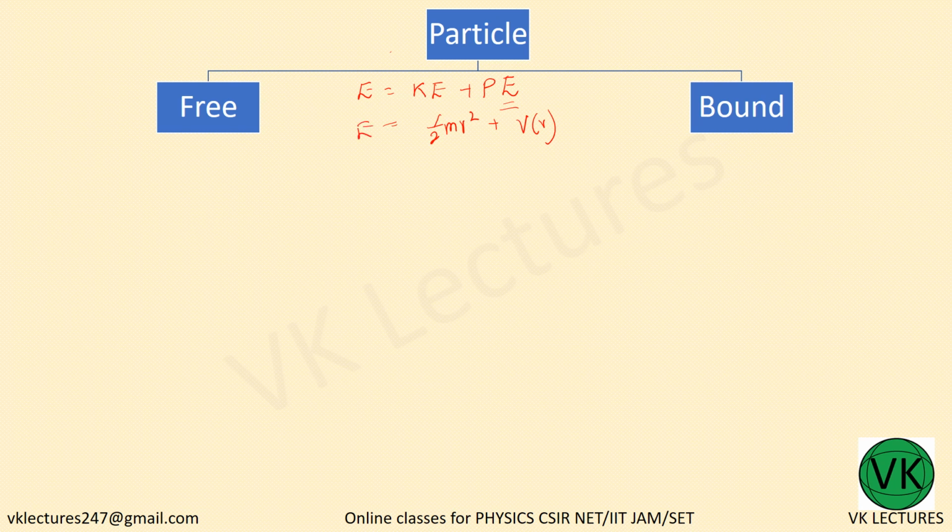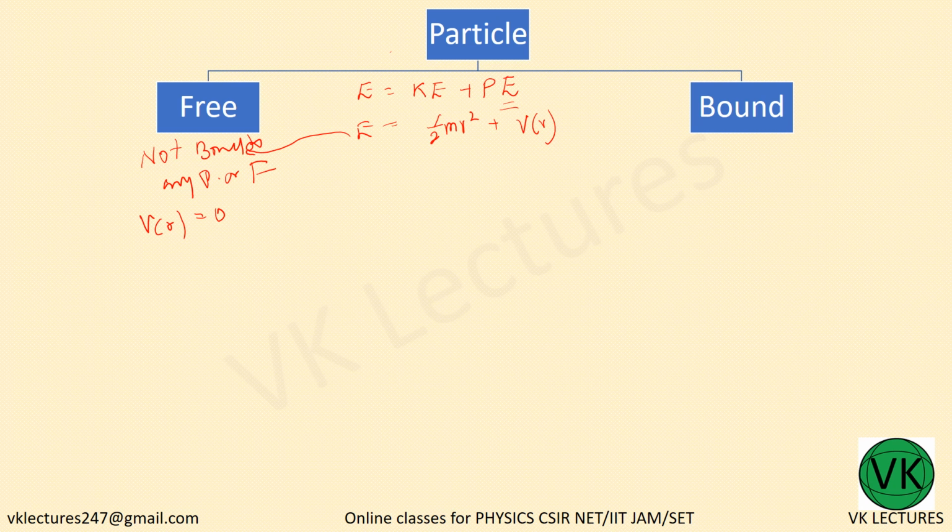Now if the particle is free, it means that it is not bound to any potential or force, which means V of r is equal to 0.